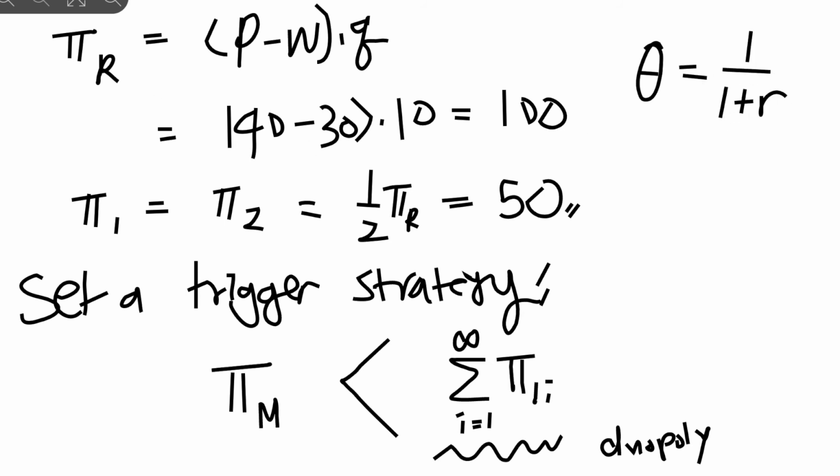And we're using what? Discounting factor of theta equals 1 over 1 plus r. So let's move on one more time. We want to set it so that the profit for retailing for one time is smaller than the aggregate profit of year 1 to infinity if they agreed on half of the retailing profit at each time, right?